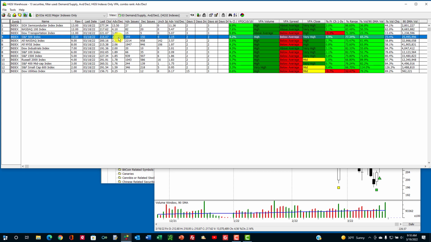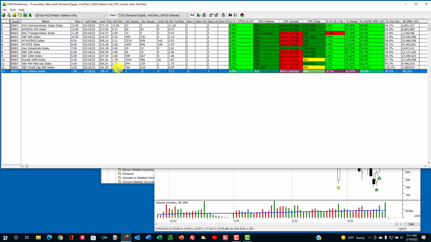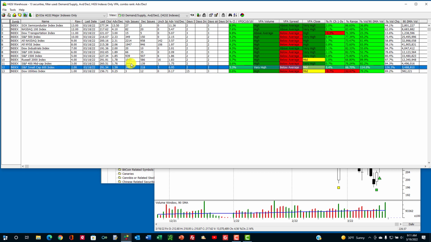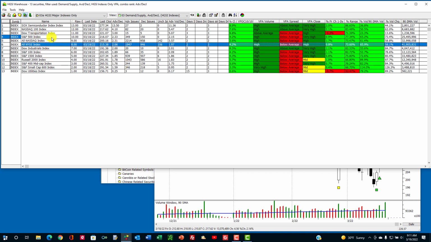If we get down here, S&P 500 was about what the Nasdaq was, only 2.33 to 1. I would think it would have been higher than that, but still 2 to 1. Utilities, money not flowing towards utilities. Small caps were about 1.59 to 1.